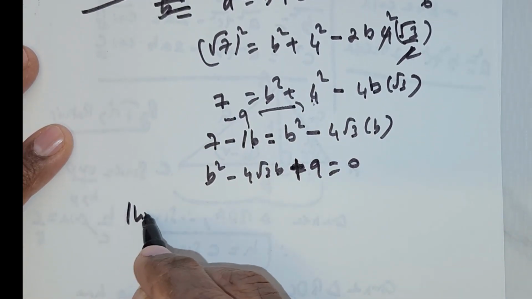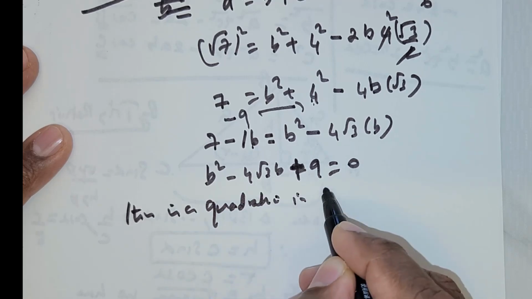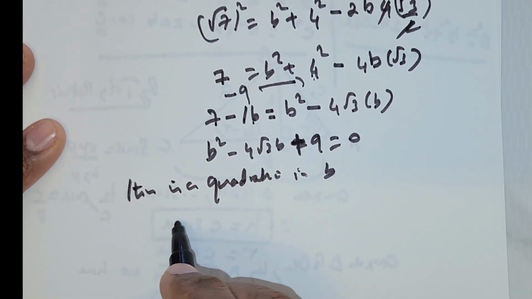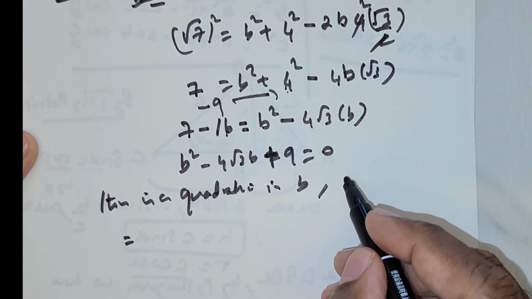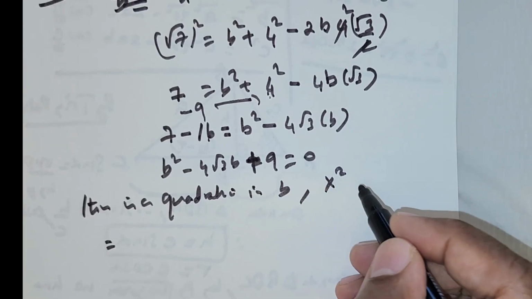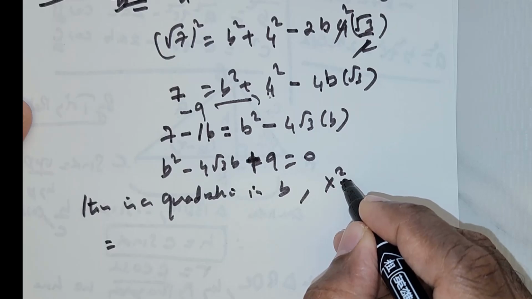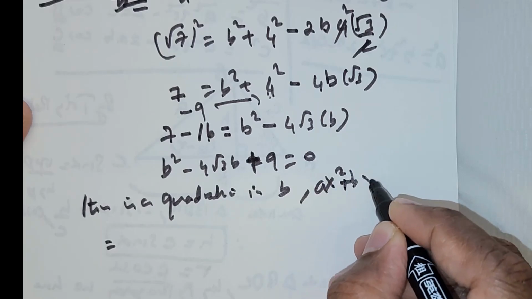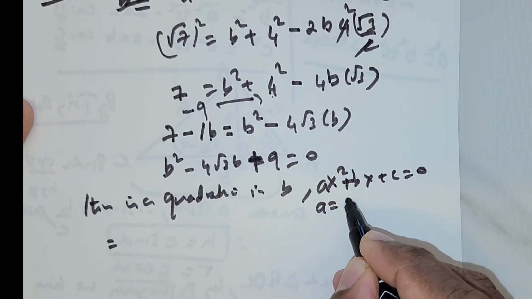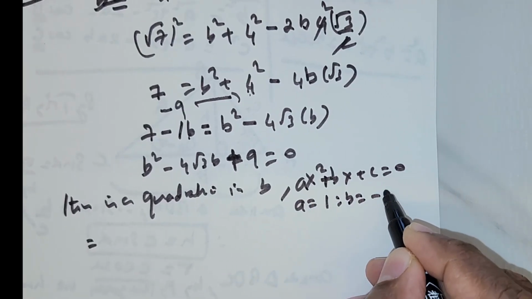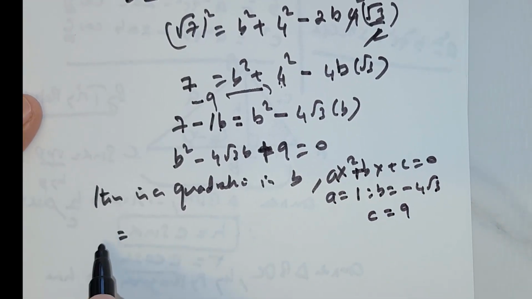Okay. So this is a quadratic in b. So I use the quadratic formula. The pattern of the quadratic is ax squared plus bx plus c equal to 0. So a is 1, b is negative 4 root 3, and c is equal to 9.